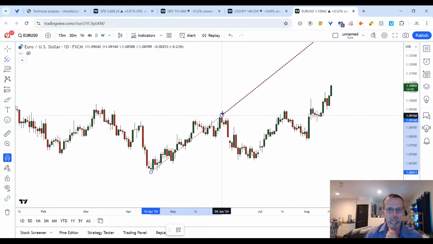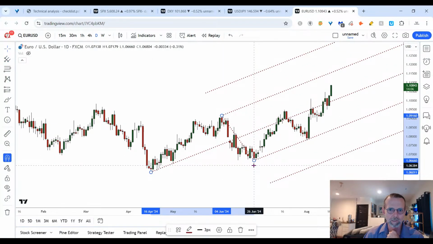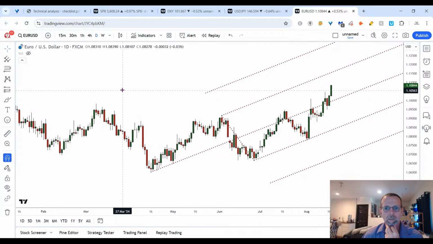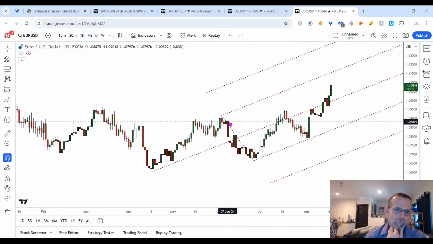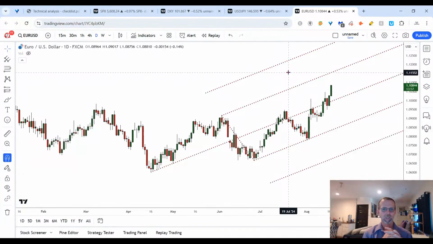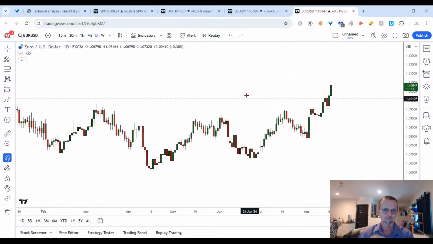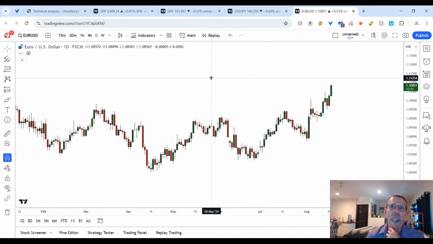Andrews pitchfork, and that's not bad, but let's have another conversation about Andrews pitchforks. This is another example of where we've got more than one choice of where we might draw this particular pitchfork.